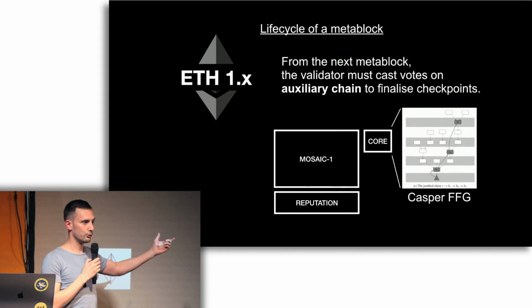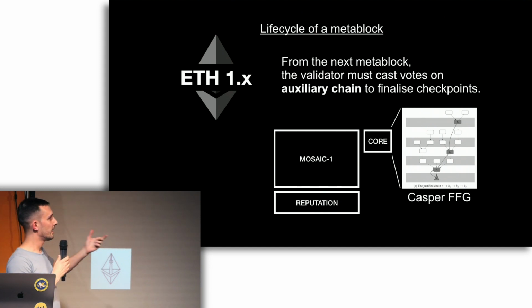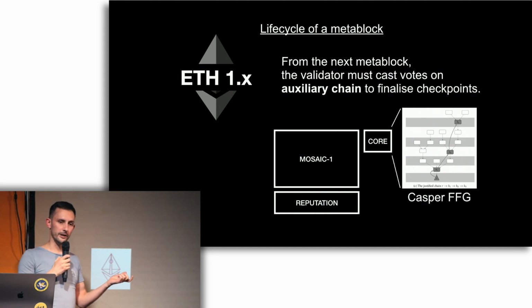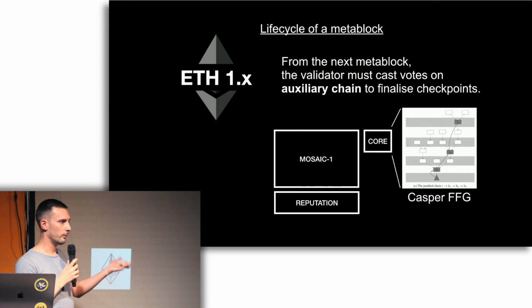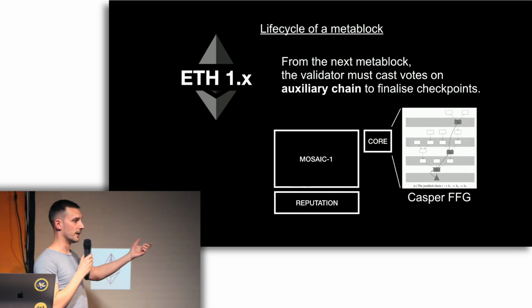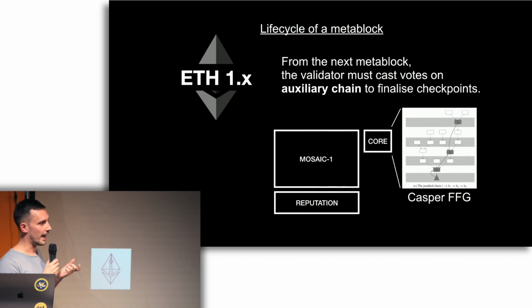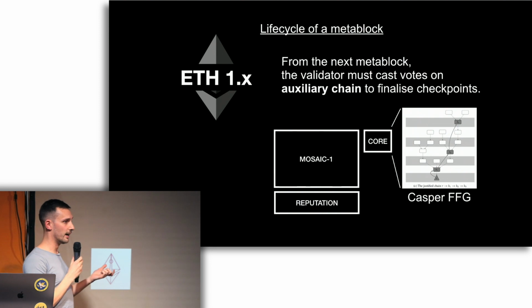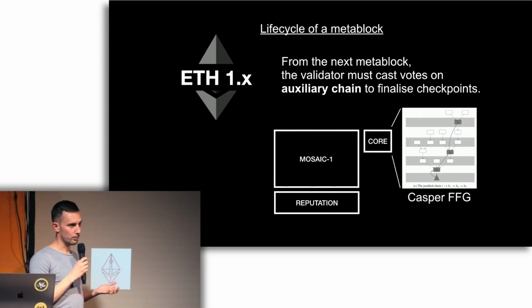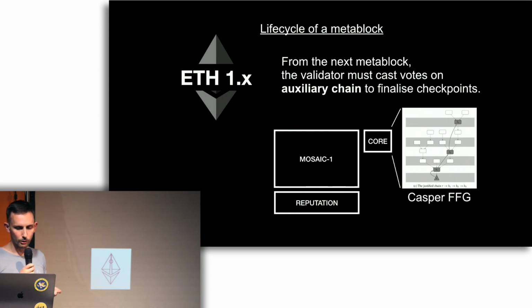Then the validator needs to join on this auxiliary system, and on this auxiliary system he needs to play Casper FFG. Why we want to do that is because we don't want to expend new proof of work or have other algorithms. We just want to have a way to finalize chain history based on any block proposer mechanism.